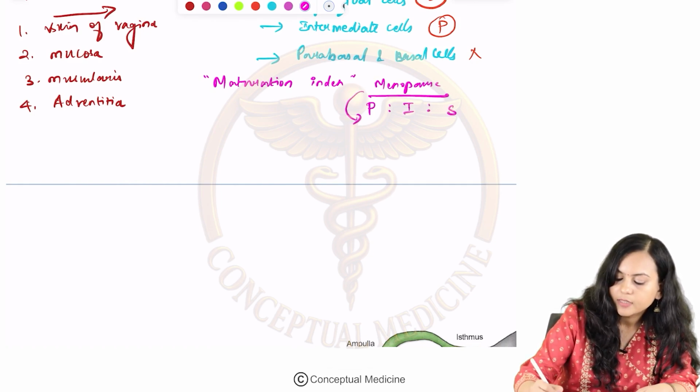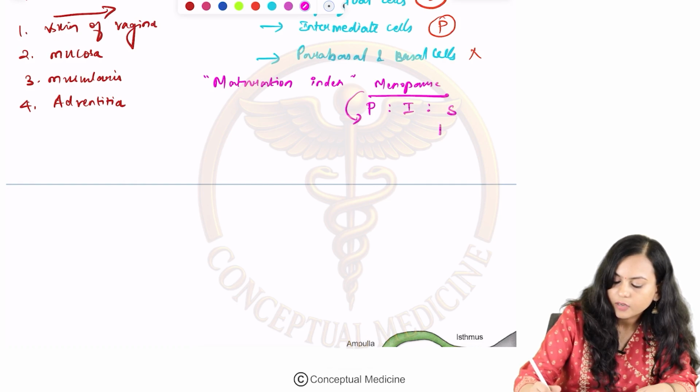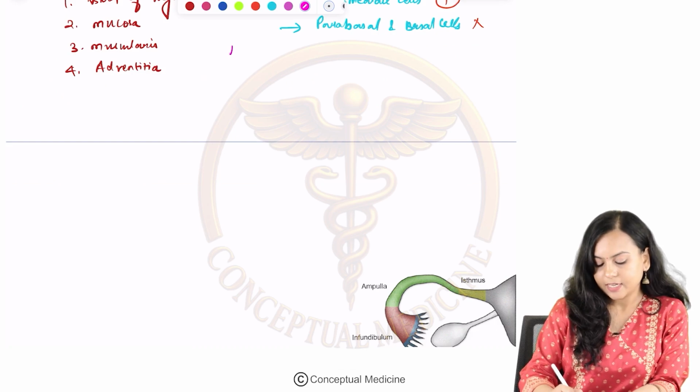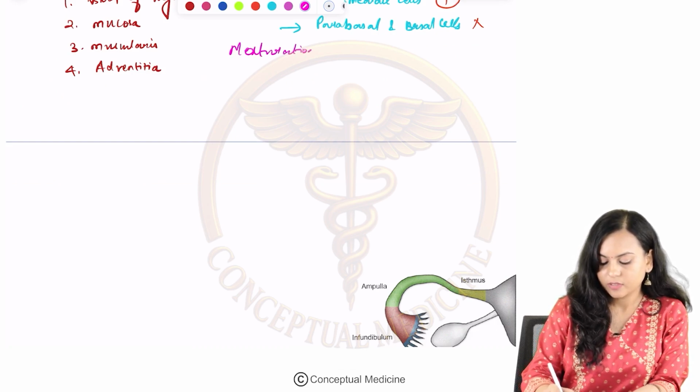During menopause, the ratio is 100, 0, 0. We calculate an index called maturation index using these cells.